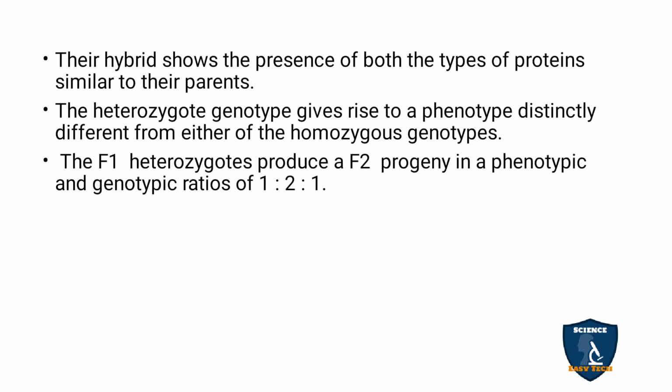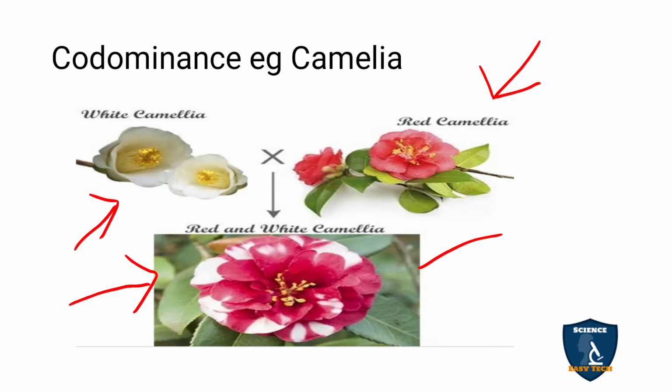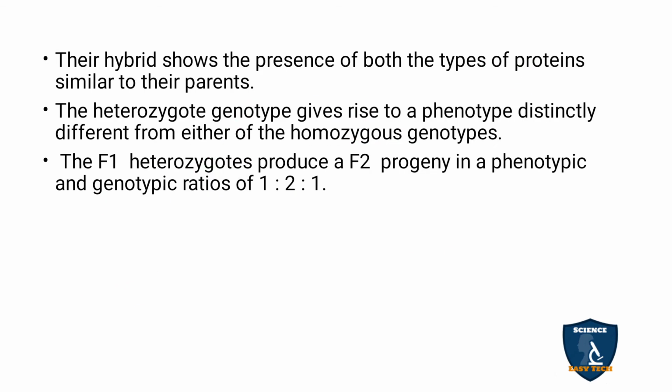So the hybrid offspring has both the characters of white camellia and red camellia. So this condition is called codominance. In F1, the heterozygous plant produces progeny with both the colors of flower.